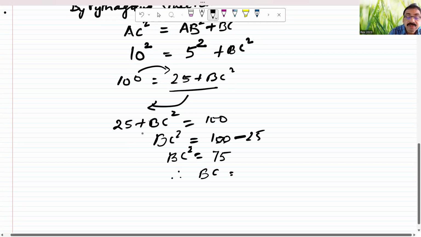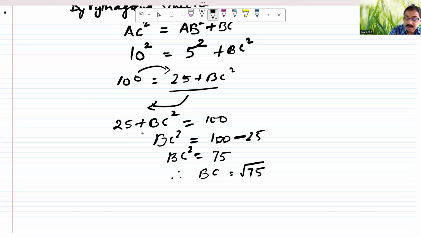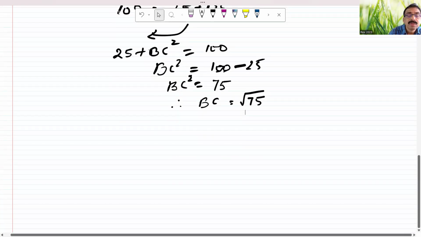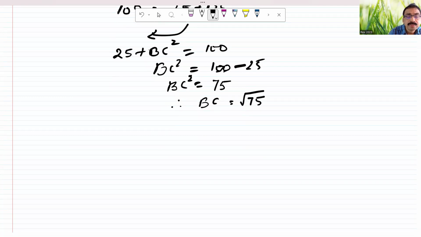Now we know that 75 is not a perfect square. So that means BC is equal to, we'll just split that 75 into factors. 5 into 5, 25 into 3 is 75, right?